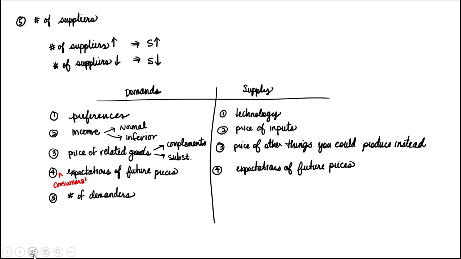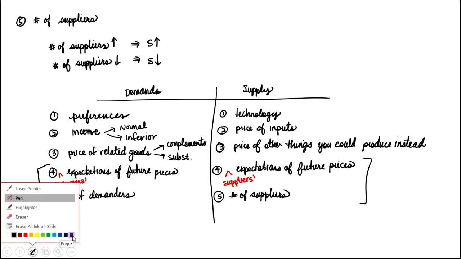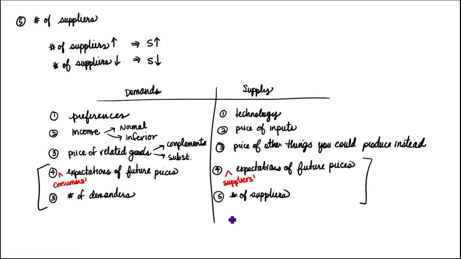But whose expectations are we talking about? Suppliers. And then finally, number 5, number of suppliers. So hopefully you see that 4 and 5 are basically the same. But there's one more important thing that we need to note.